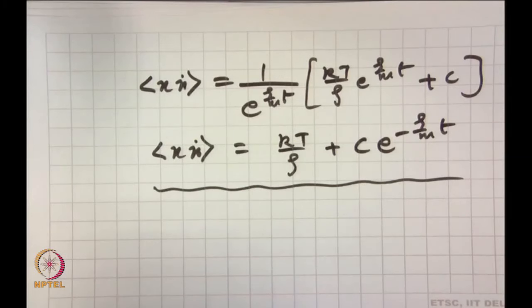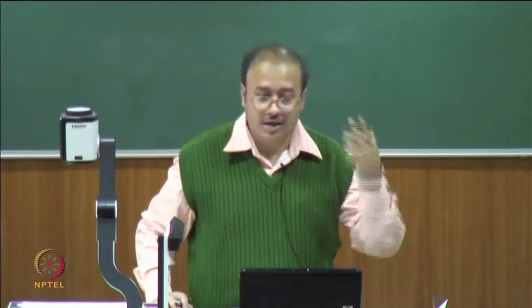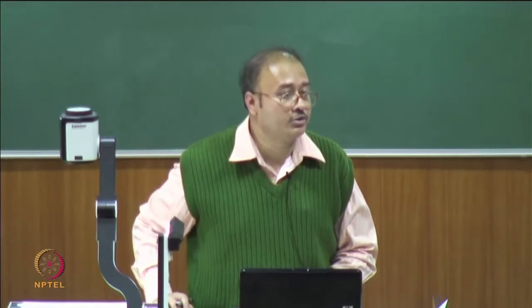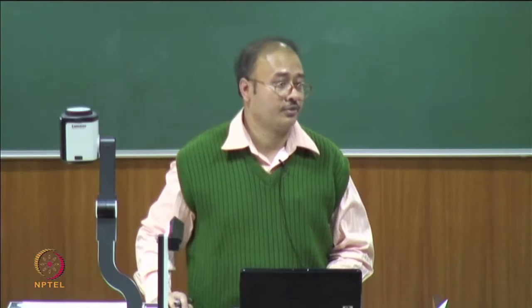Okay. So, this is the differential equation which we started with, and this is the solution of the differential equation where y is equal to the ensemble average of x dot. Okay.